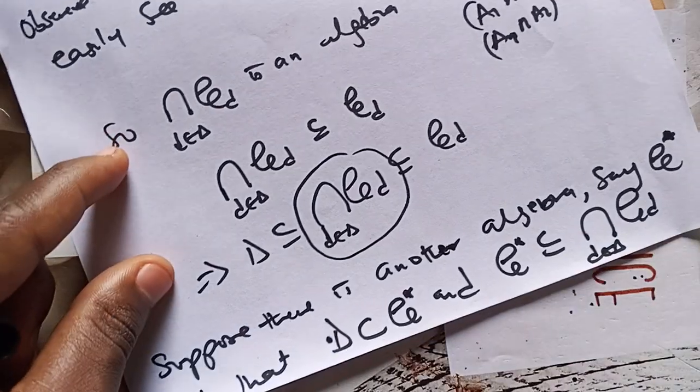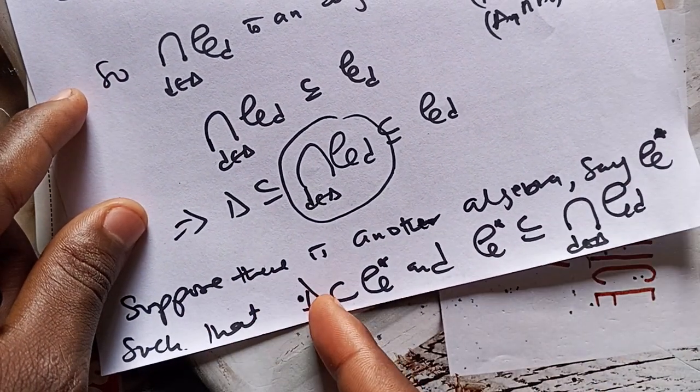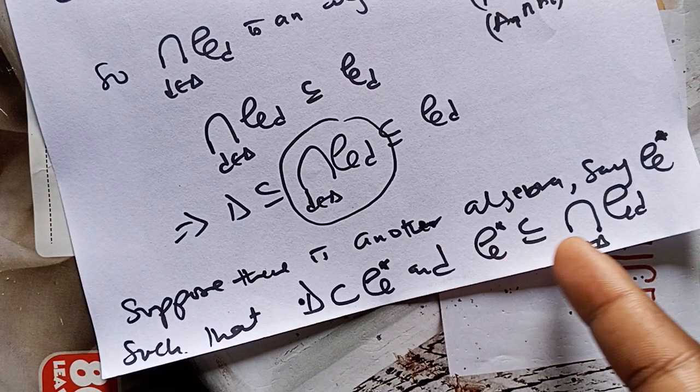Now what this means is, suppose there is another algebra, say A star, such that D is a subset of this A star and A star is a subset of this.